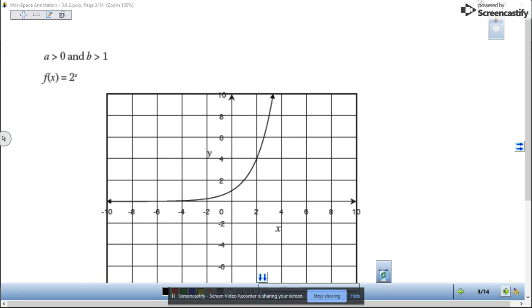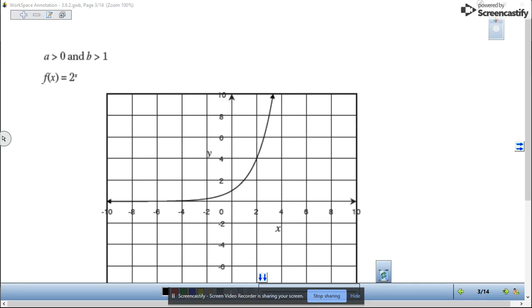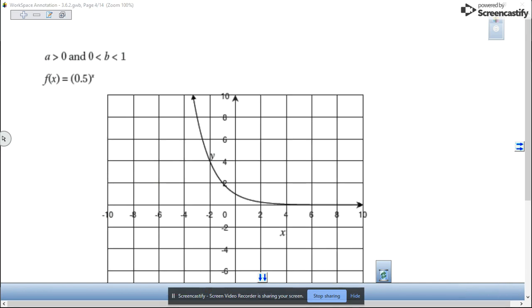So in the next one, a is still greater than 0 because our a here is 1, but our b value is between 0 and 1. We won't deal with any b values that are negative, so you don't have to worry about raising a negative number to a power, at least not for graphing right now.